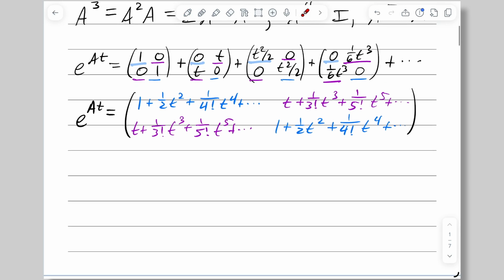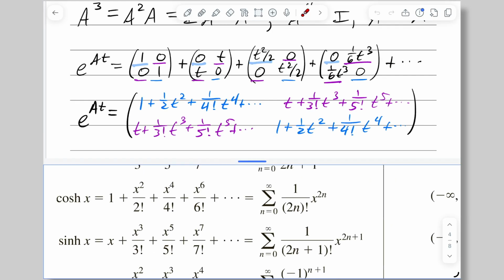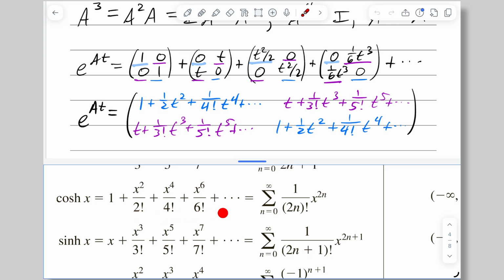What we have is a matrix that's got a bunch of infinite series in it. You may remember from second semester calculus that we have Maclaurin series, not just for e to the x, but for the cosine of x, the sine of x, the inverse tangent of x, and several other functions. Trying to match one or more of these up with what we just saw suggests that what we have in the upper left is a hyperbolic cosine.